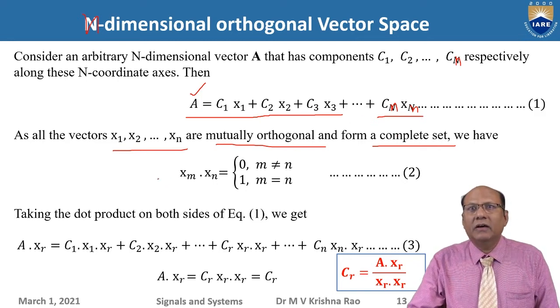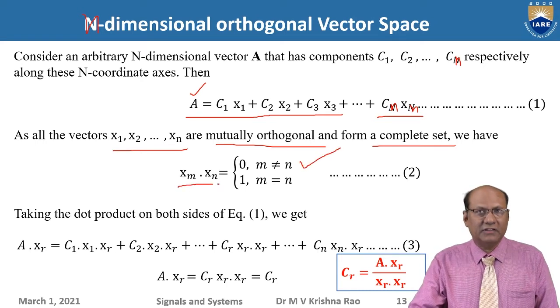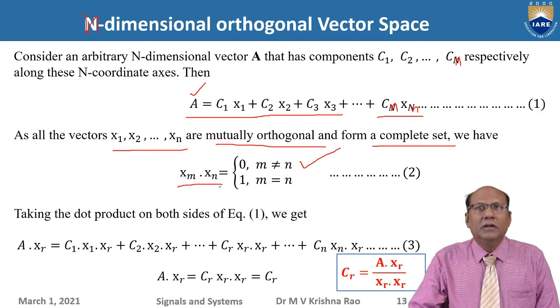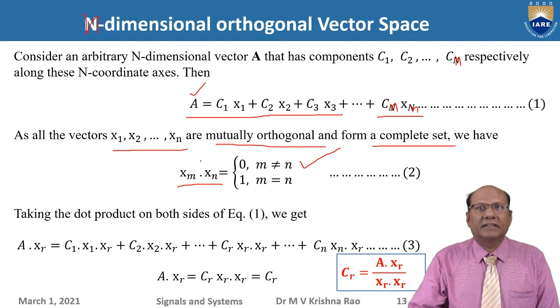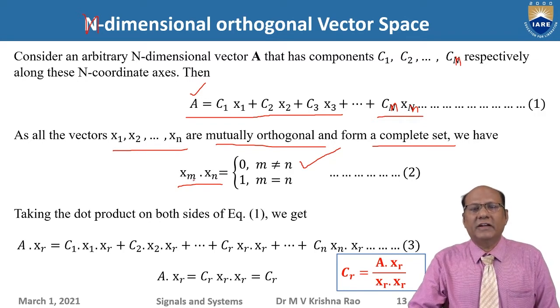If you take the cross terms, where m is not equal to n, xm dot xn, the scalar product of two unit vectors from different axes, x1, x2, x2, x3, x4, x1, any two different axes, the dot product is equal to 0.